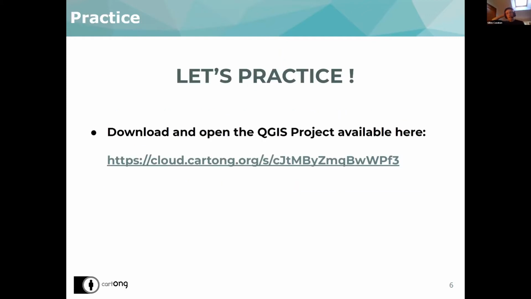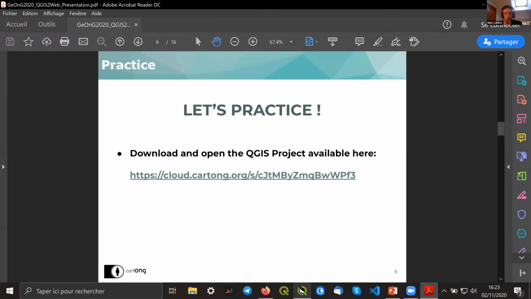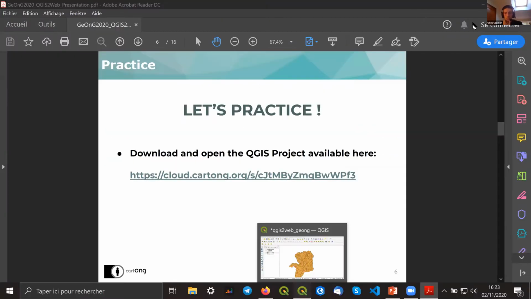So let's go directly into QGIS, using the link that I sent to you in the mail. And if Paola or Miguel can put the link in the chat again for people who want to download it, I will show you quickly on QGIS.